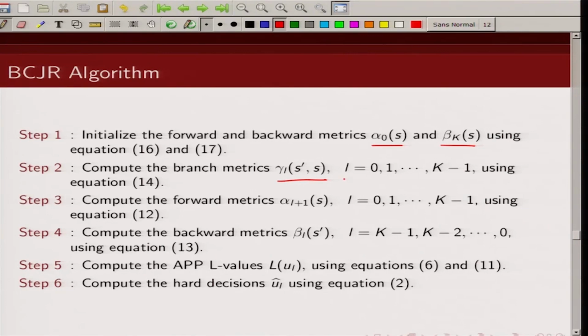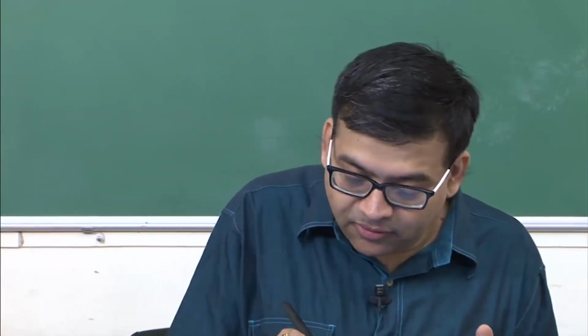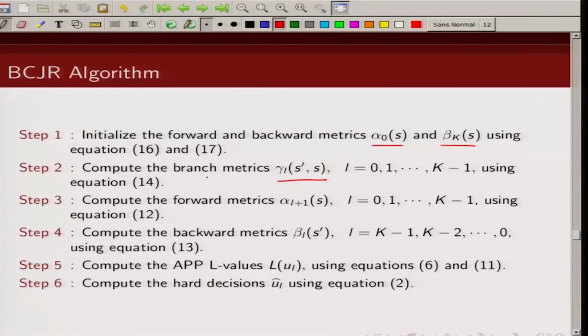So, I will compute this branch matrix for all valid transitions and for all time instances. That is the second step. The third step is, once I have computed gamma, I will compute the values of alpha using forward recursion, and the values of beta using backward recursion.